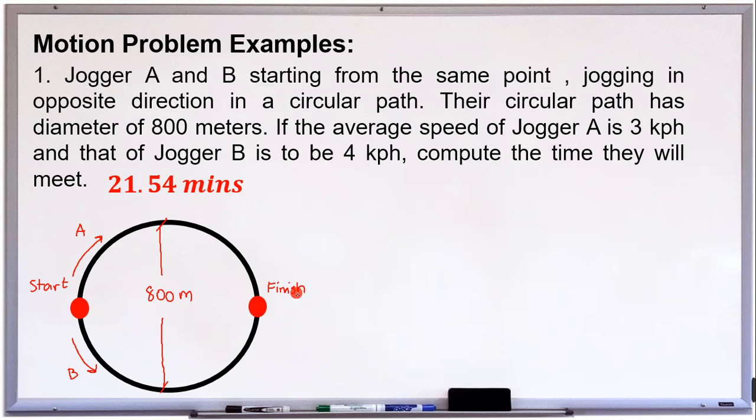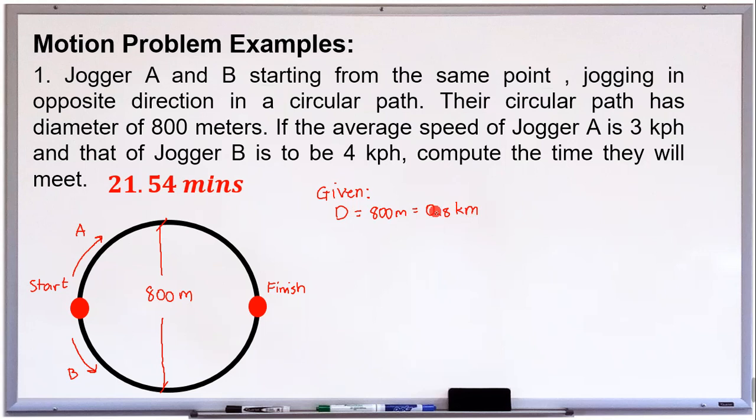Okay. So next, after you have your illustration, of course, you're going to write the given. From the problem, we have a diameter for our circular path that is equal to 800 meters. We can represent that by capital letter D, that is 800 meters, or that is also equal to 0.8 kilometers.